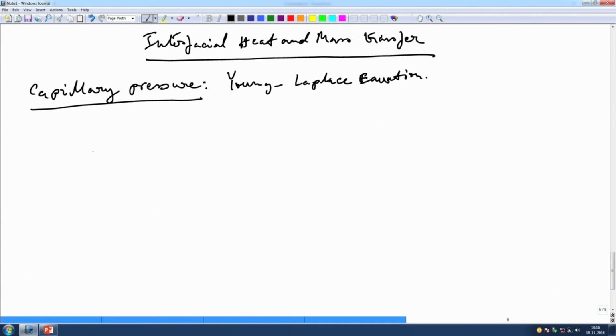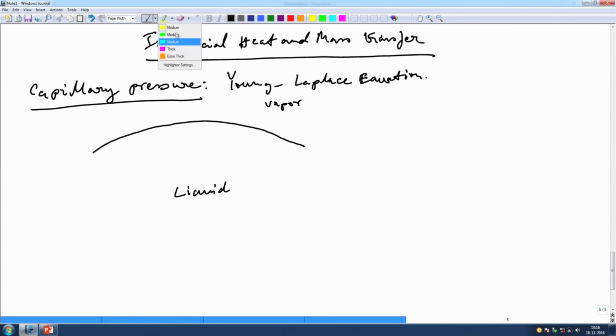Now, if you assume that there is an interface, look at it very carefully. This is an interface, so say this is liquid, this is the vapor. Let us look at the state of the liquid molecules.